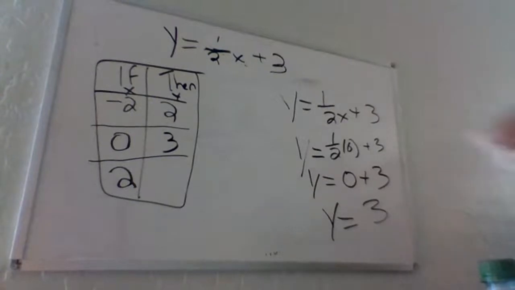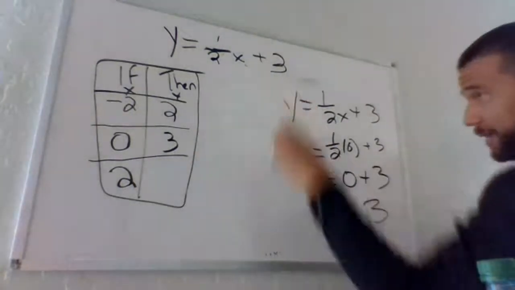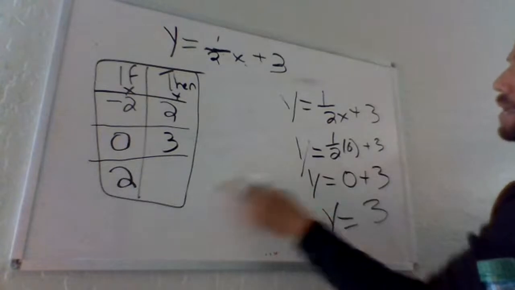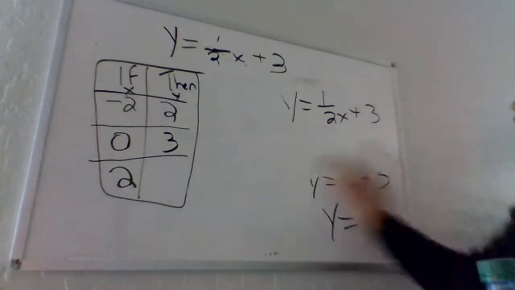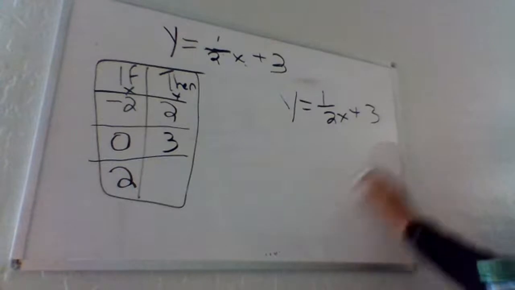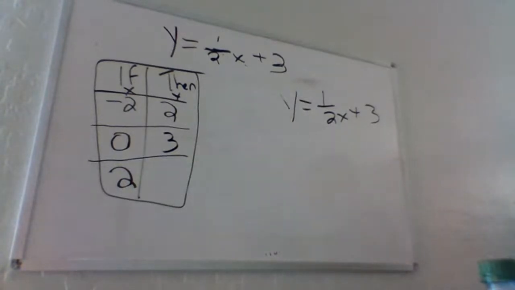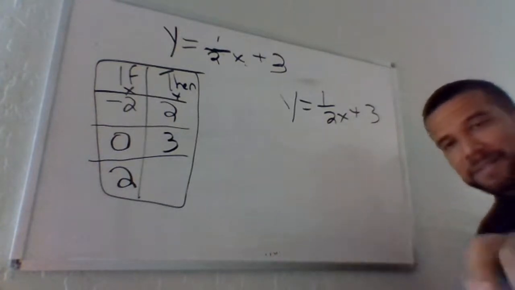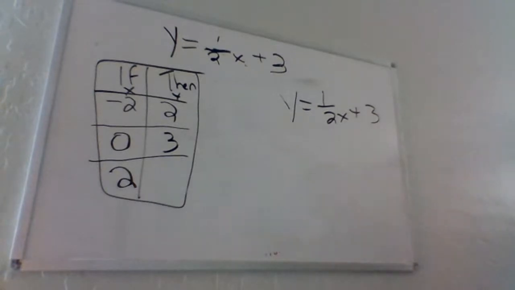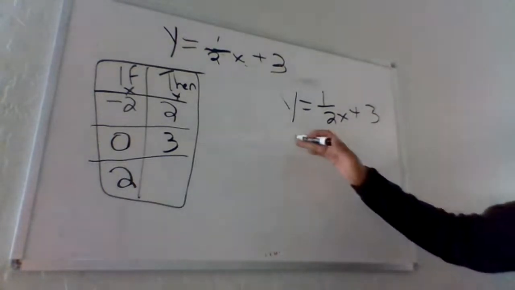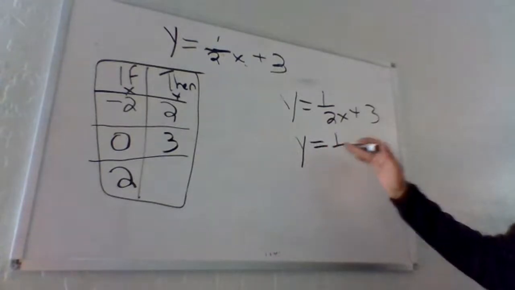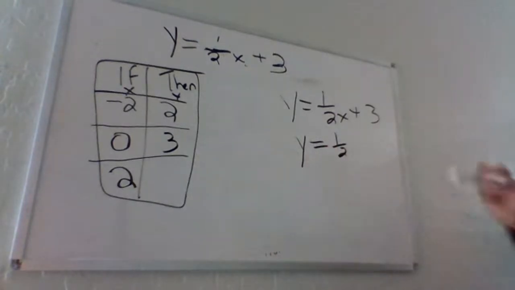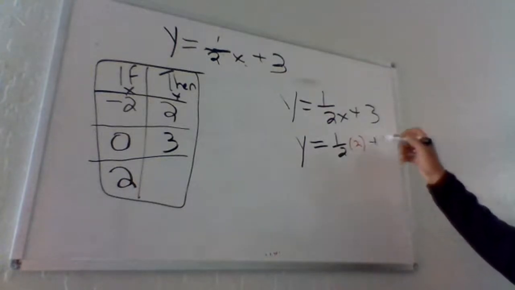Okay. Who would like to show us what the y will be when x equals 2? Remember, we're all going to do this on our own one day. Okay, so x is 2, so 1/2 times 2 is 1, plus 3 is 4, so y equals 4.